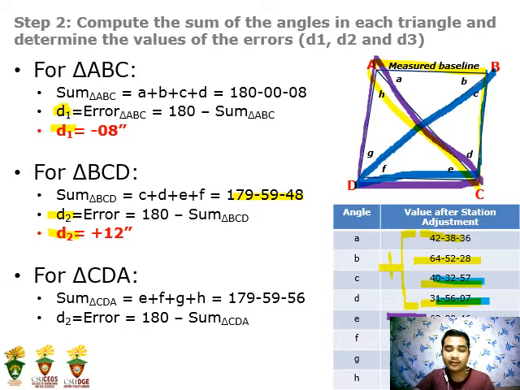So the error, which is 180 degrees minus the sum of triangle CDA, is positive 4 seconds. We're going to denote that as D3.